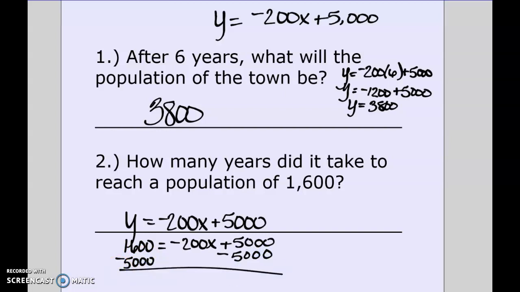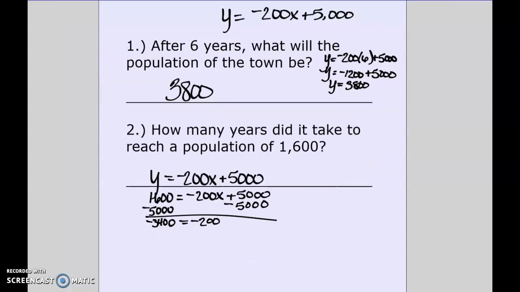Once I subtract 5,000 from my y value, we get negative 3,400 is equal to negative 200x. Next, I am going to divide by my coefficient, which is negative 200. I'm going to divide by negative 200 on both sides. X is equal to 17. So it takes 17 years for the population to reach 1,600 people.